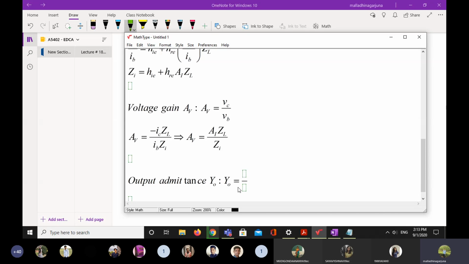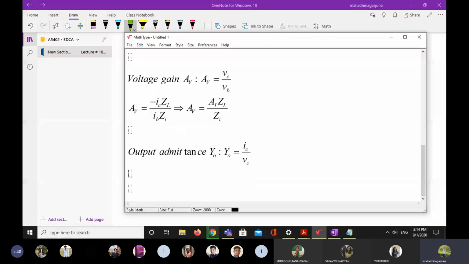For that, you have to remember two points here. The first point is the output load resistance should be disconnected from the circuit, and the input source should be kept constant. So I will write IC by VC.